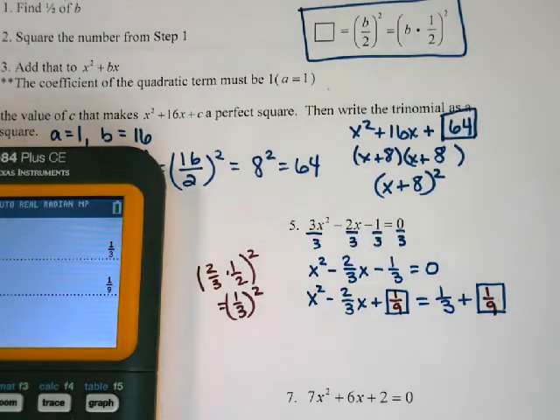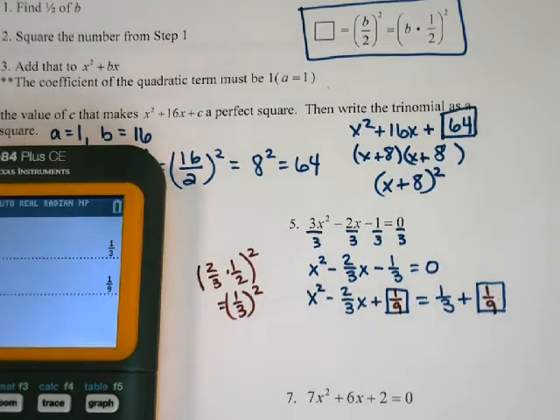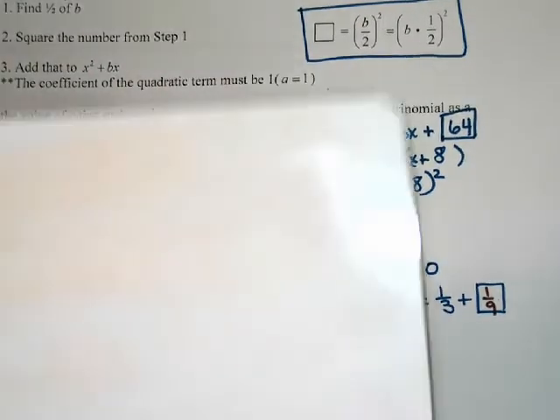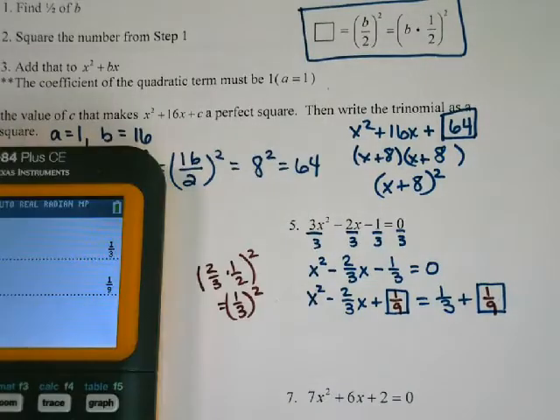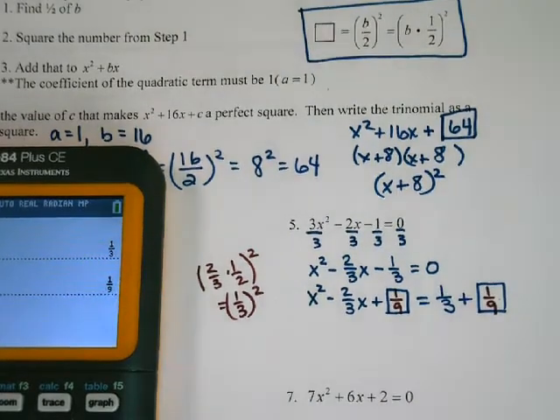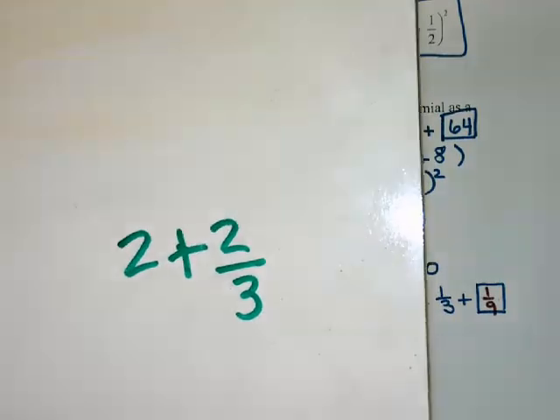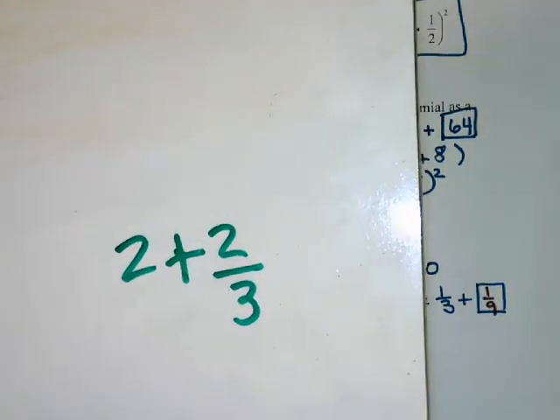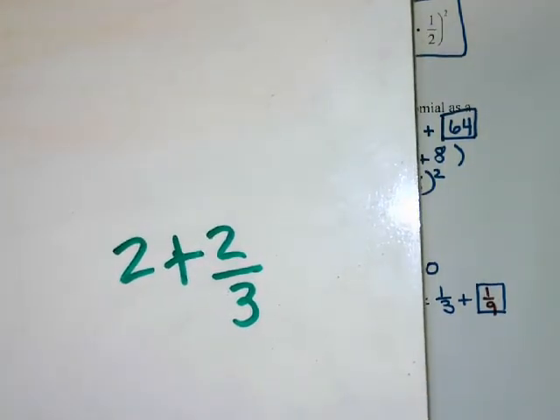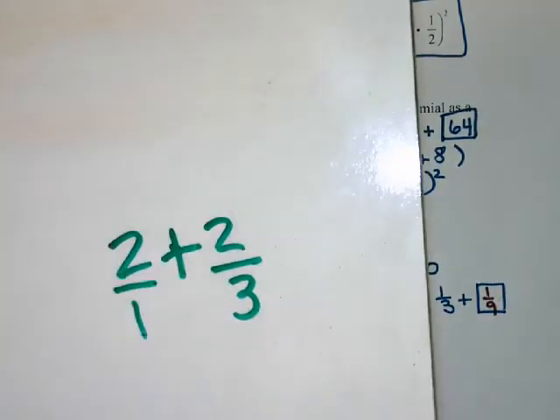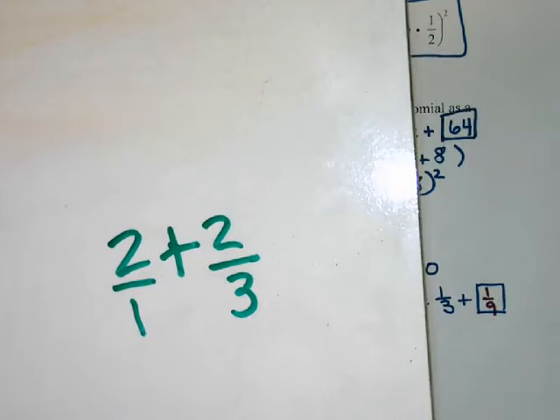Speaking of that, on your test, I saw this. No, that's not what it was. It was 2 plus 2/3. That was a plus sign there.